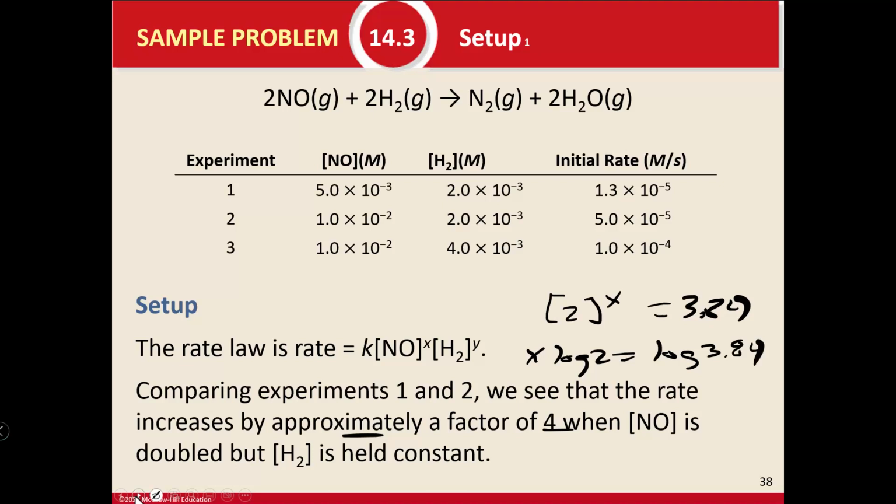Let's see what that equals. Take log of 3.84 and divide that by the log of 2, and we get 1.94. To the ones place, it's 2. All right, so there we go.